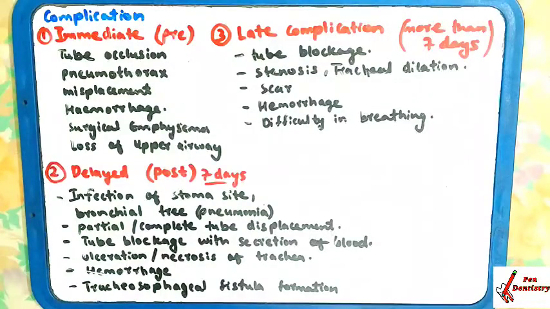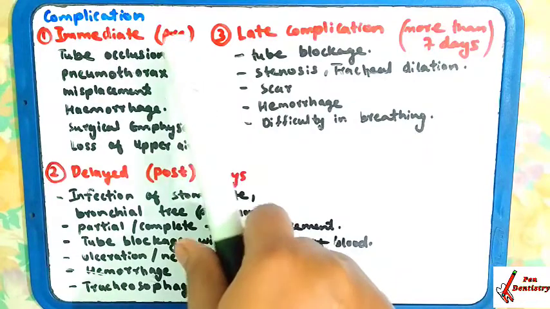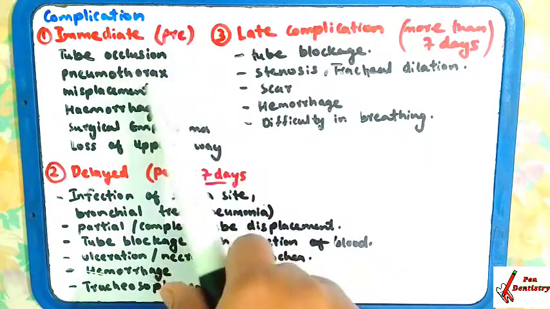Now the complications which we are going to face during the time of tracheostomy. They are divided into three parts: immediate, delayed and late complications. Immediate complications happen in the early phase.